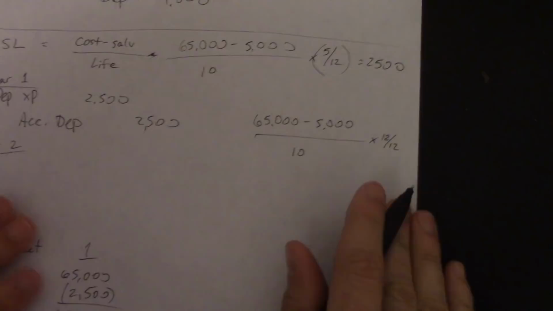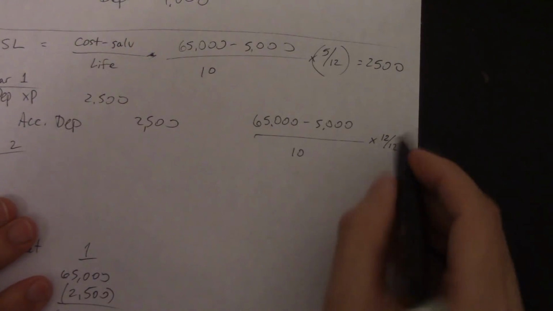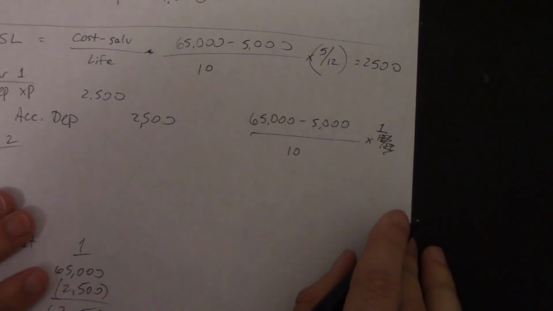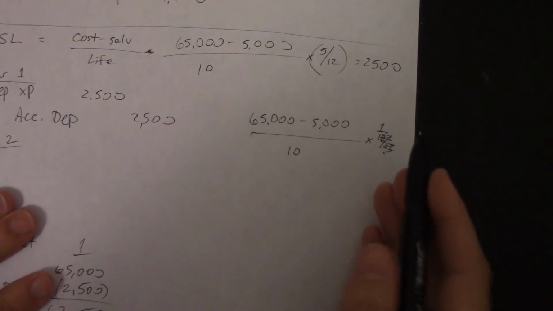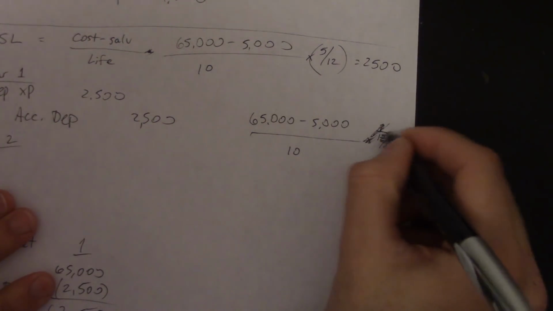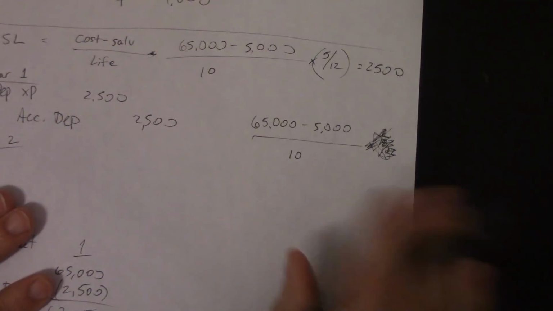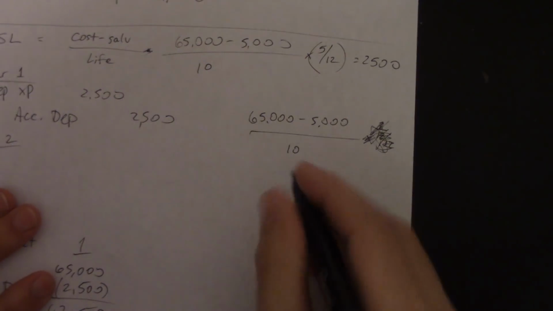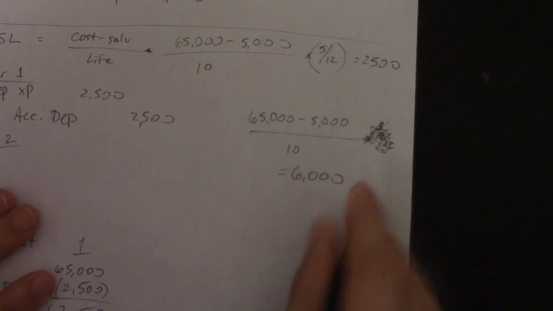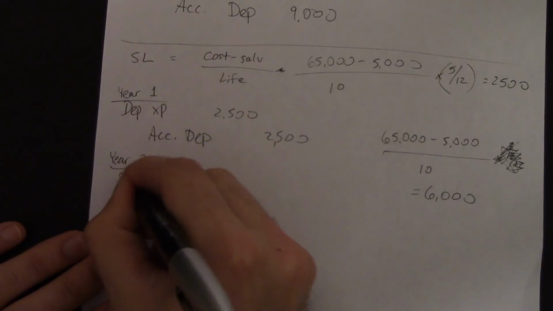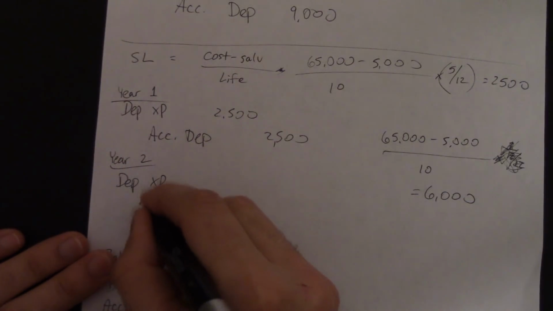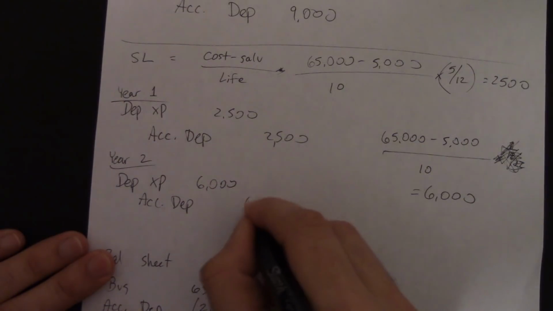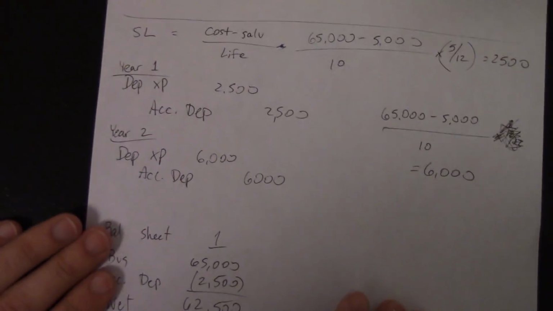Now, some of you may recognize 12 over 12 is multiplying by 1, and that is correct. When you multiply by 1, you get the same answer, so you don't even really have to do anything. So 65 minus 5 divided by 10 gives you 6,000, which is what we calculated before. And our accumulated depreciation and depreciation expense is now back to normal.